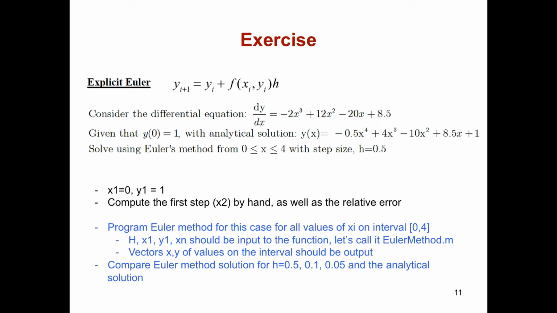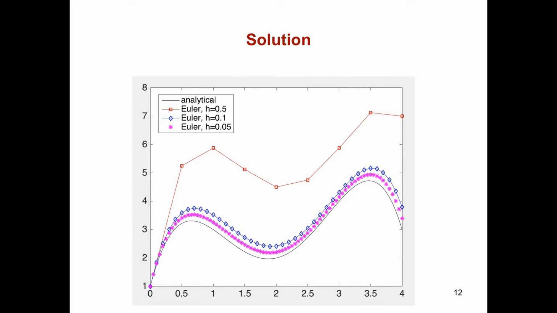Once you return these vectors x and y, you can plot this function at all of these x's, so you can see how it compares. Just to give you a visual, something like this. The analytical solution is this, and with different values of h, you will get different values.